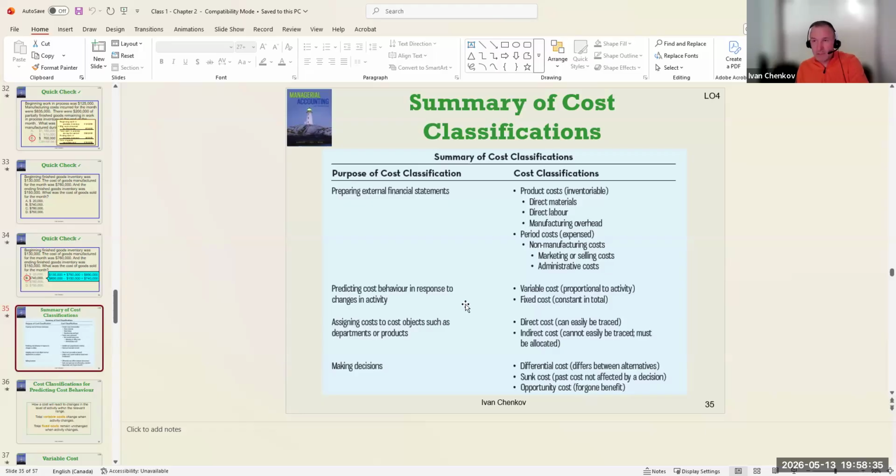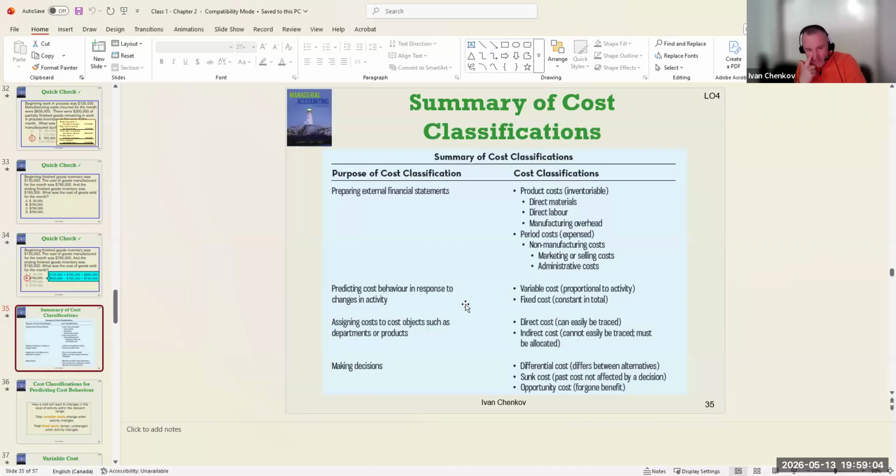Indirect material, same thing, indirect cost. Utilities doesn't even have any adjective, so that means indirect cost. Depreciation, does it have direct in front? No. Indirect. And that's how easily you can assign the cost to the object based on direct and indirect.